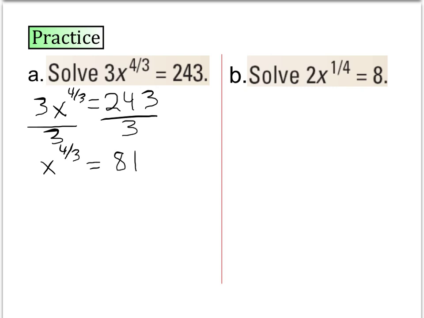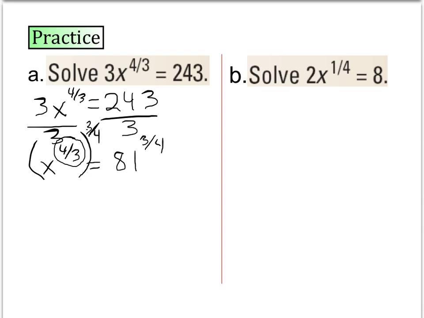Now what I want to do is multiply this exponent by something that's going to eliminate it. So I know that if I multiply 3/4 by 4 thirds, these are going to cancel out. If I do it to one side, I have to do it to both sides. So I'm raising both sides to the 3/4.